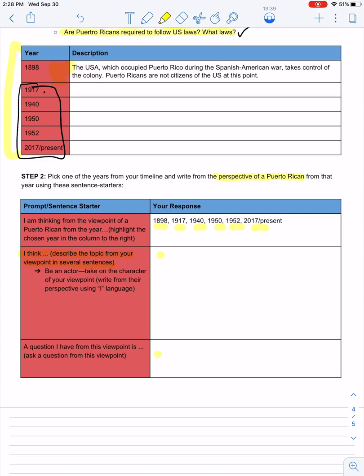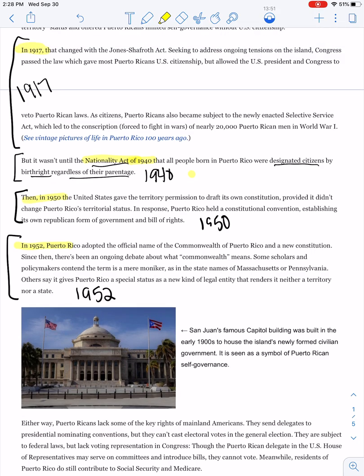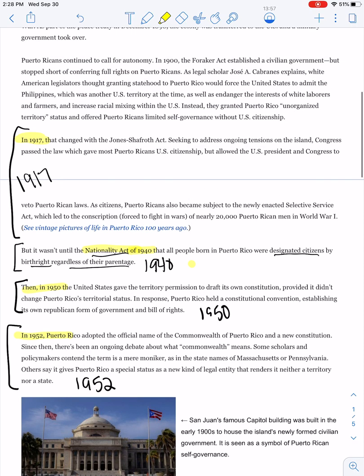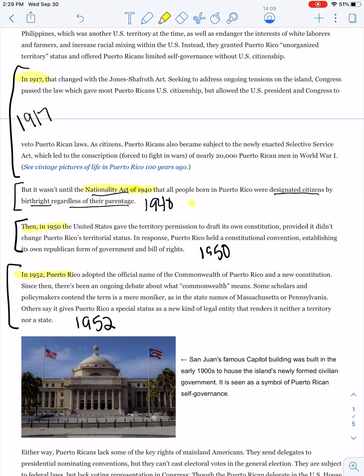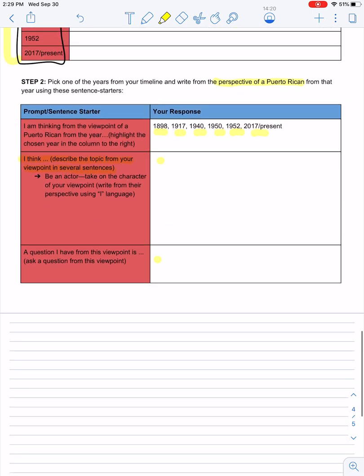So again, same year, you're making sure to write a question that you may have from that year. So if you're doing 1940, you talked about that Nationality Act, you might have a question about that. Or if you are pretending to be from 1917, you may want to have a question about the Selective Service Act. It's totally up to you. 1950, we saw that they started to draft their own constitution, so you may take the role as a person who helped draft the Constitution. So those are the things that you have to think about when you're filling in this last chart.